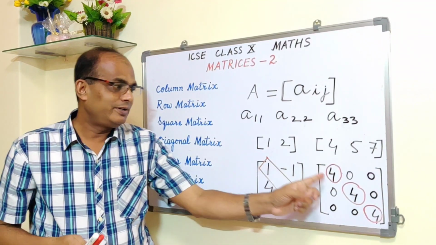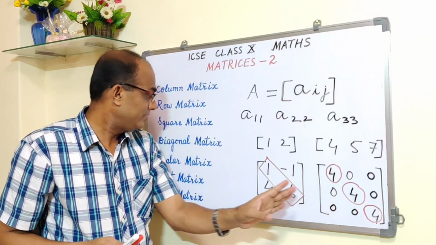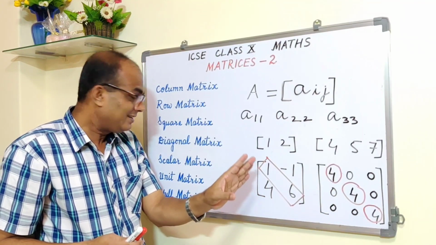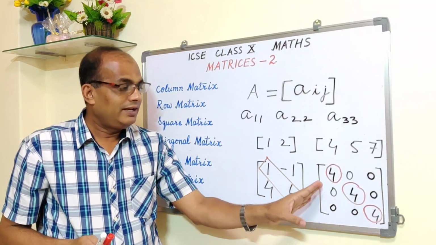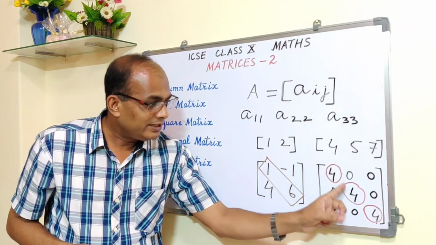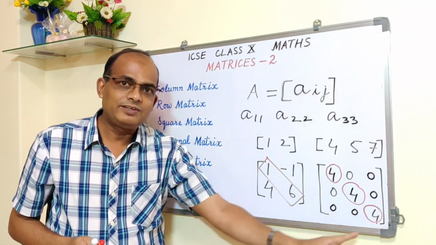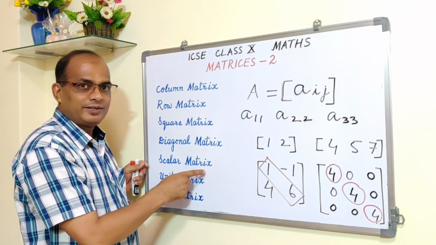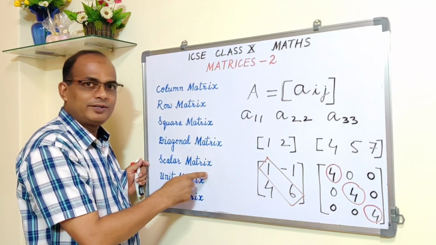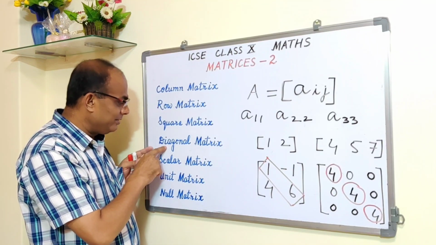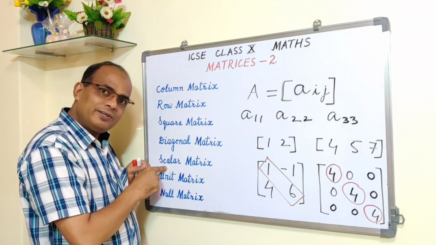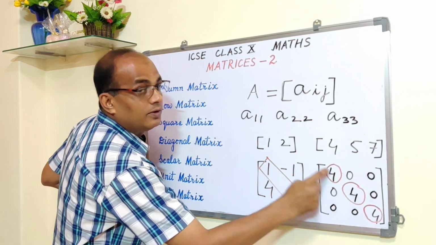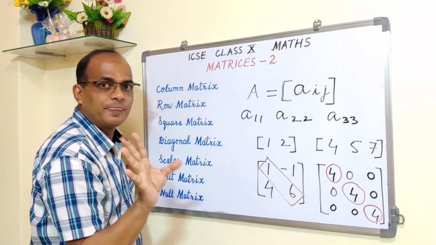You can define a scalar matrix in terms of a diagonal matrix or in terms of a square matrix. Because if the diagonal elements are not the same, then it will be just a diagonal matrix. And in a diagonal matrix, if all the diagonal elements are the same, then we call it a scalar matrix. Fine.